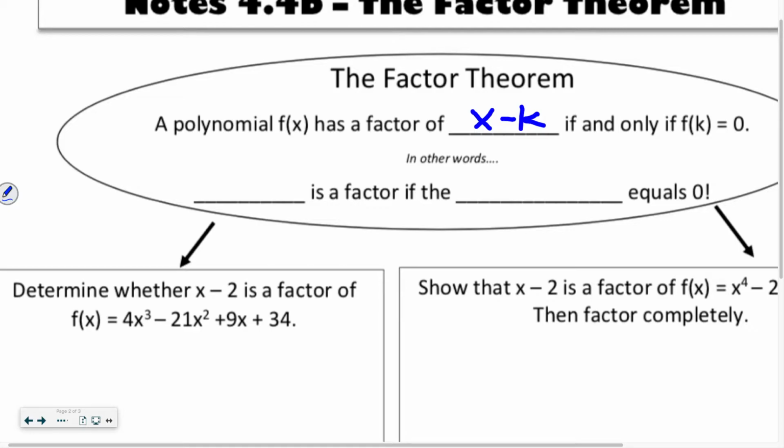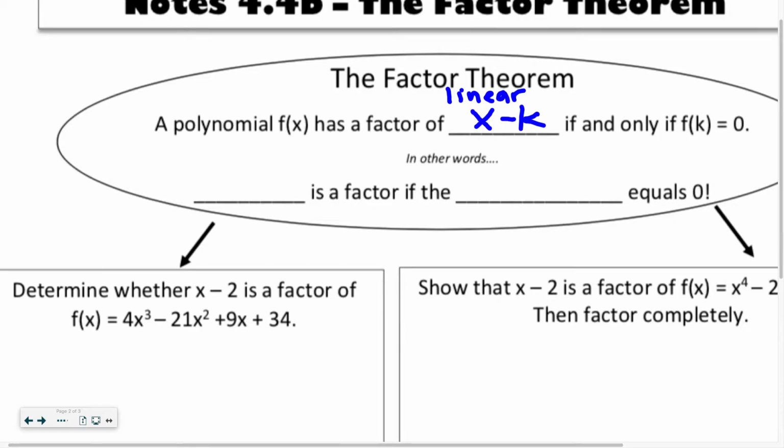It looks like a basic linear factor. It's a linear factor if you want to mark that. It has a factor of x minus k if and only if f of k equals 0. So we've talked about f of k before. What is f of k? It represents y, right? So it's the y value when x equals k.